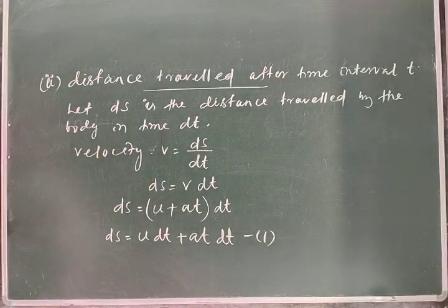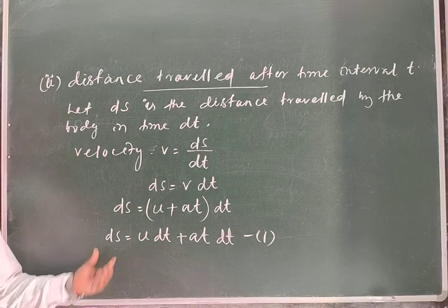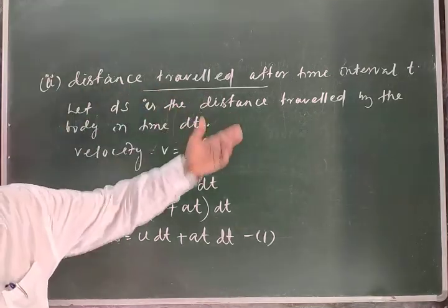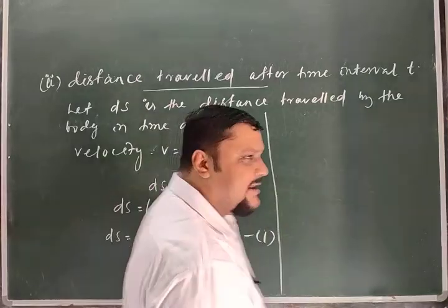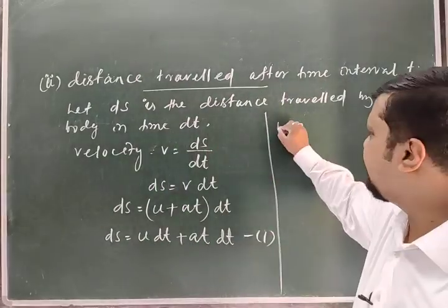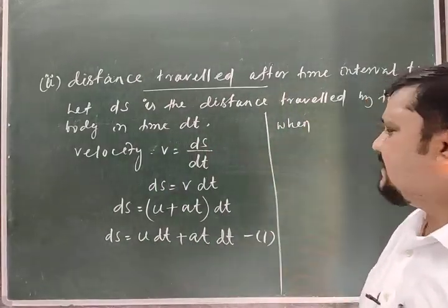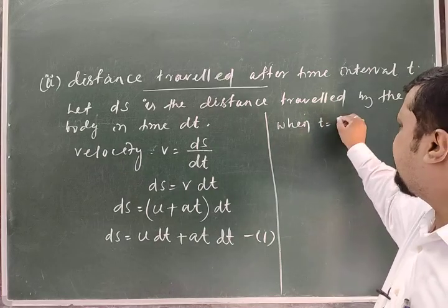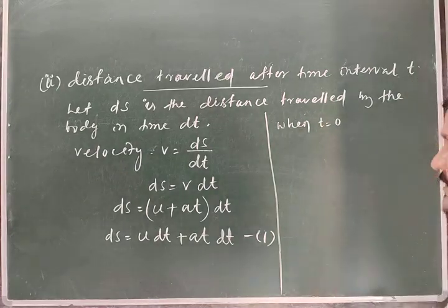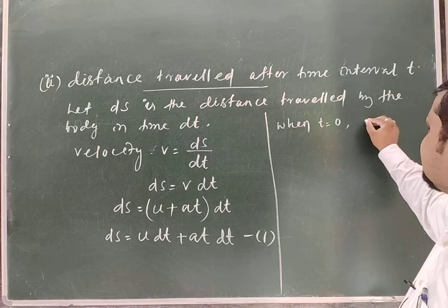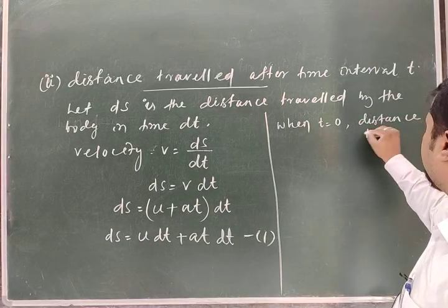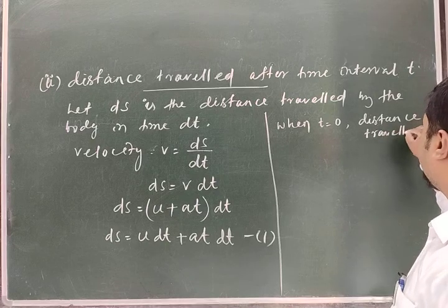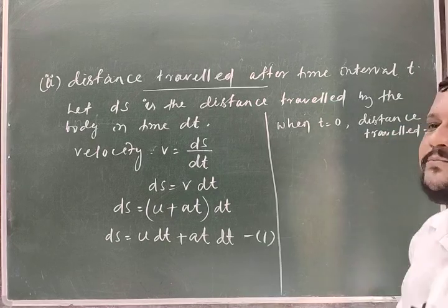After knowing this, what will we do? I want to find the distance traveled after time interval t. So let us put the limits. When t is equal to 0, the distance traveled is 0.